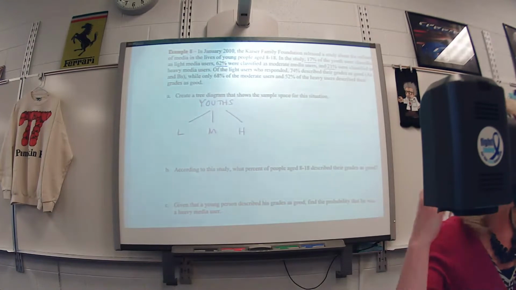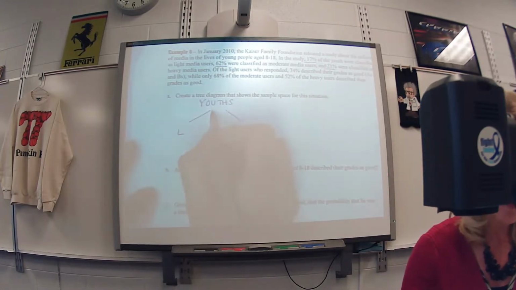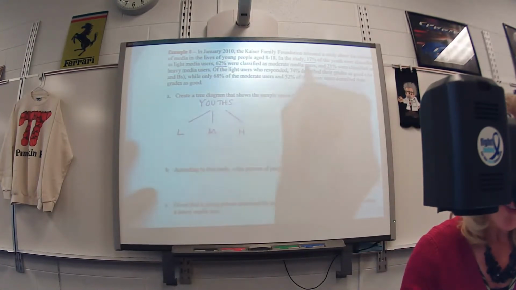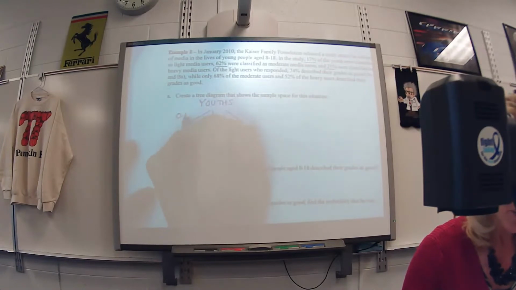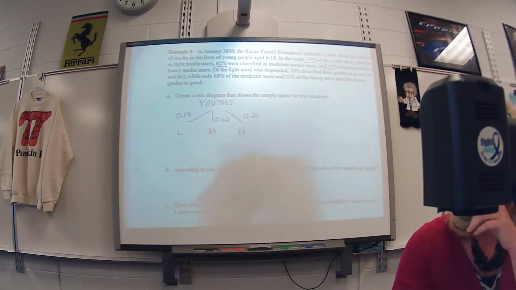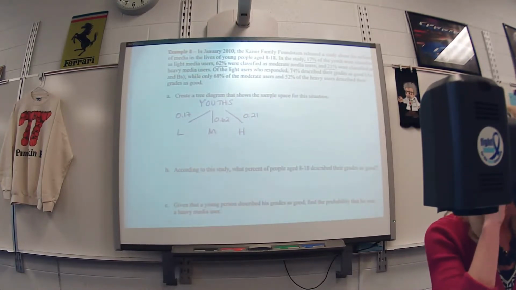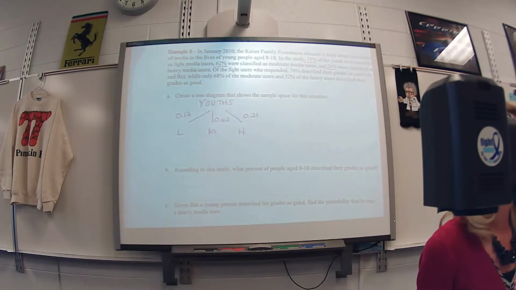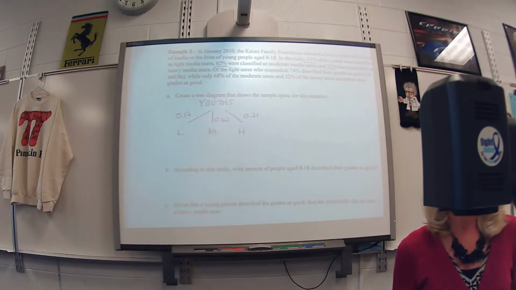Sometimes I reverse it. It doesn't matter. But the bottom line is I have 17% were light media users, 62% were moderate, and 21% were heavy. And what I said yesterday is that when you make a tree diagram, the nice thing is you get the tree diagram set up and then you can answer any question about it that you want, okay?